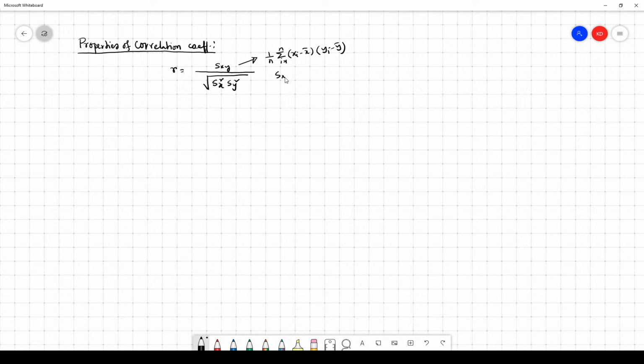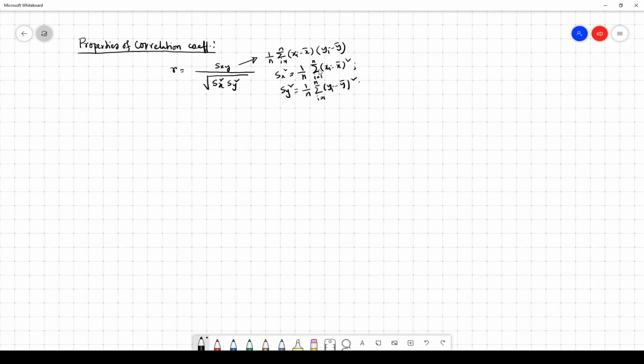And Sx square is the variance of x, which is 1 by n sum over i from 1 to n of (xi minus x bar) whole square. Sy square is equal to 1 by n sum over i from 1 to n of (yi minus y bar) whole square. Okay, we knew this from our previous class.